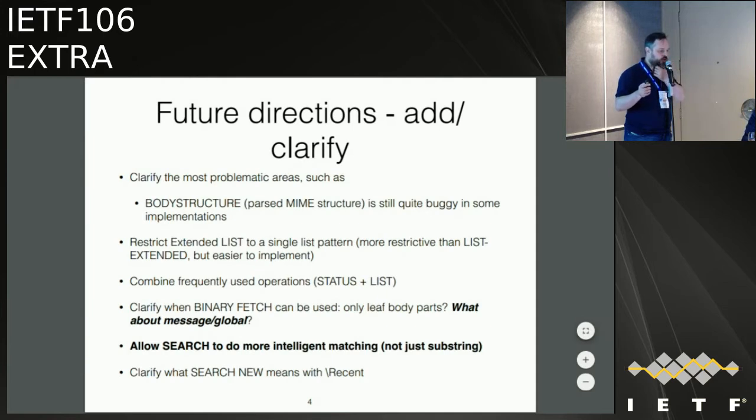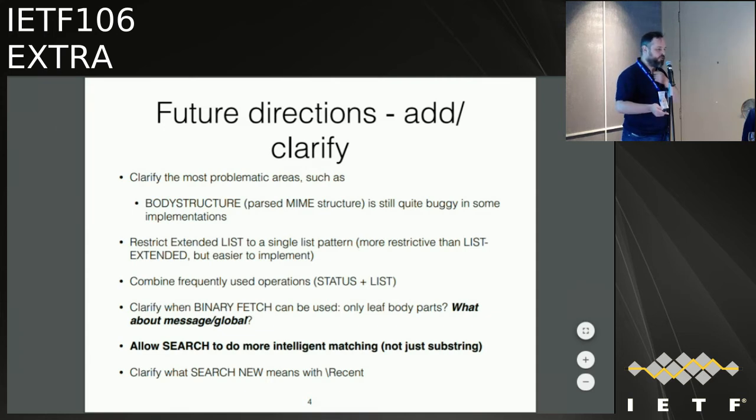Another change that Chris Newman requested, and it does match my implementation: extended list allows multiple match patterns, which I thought was a very cute idea at the time. I don't think anybody implemented it, because the requirement on list is that the server doesn't return information for the same mailbox more than once.